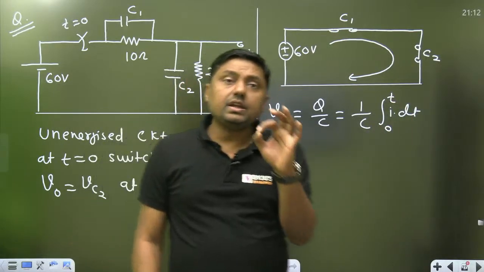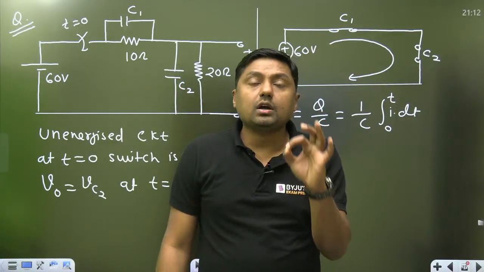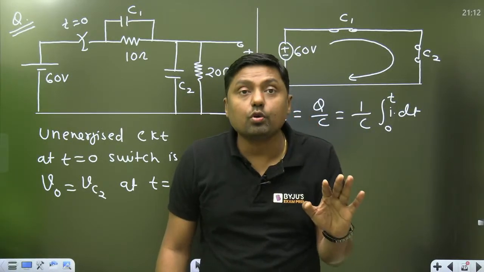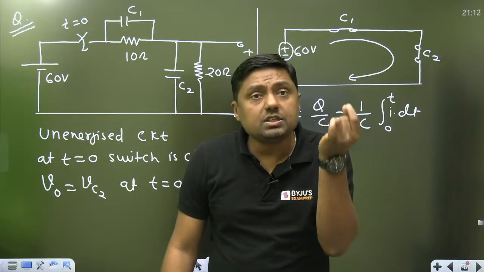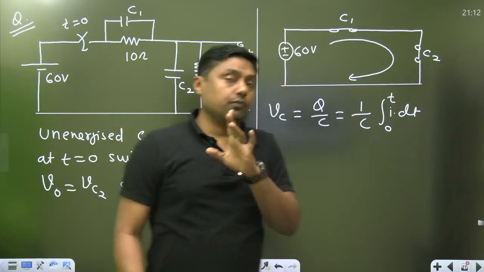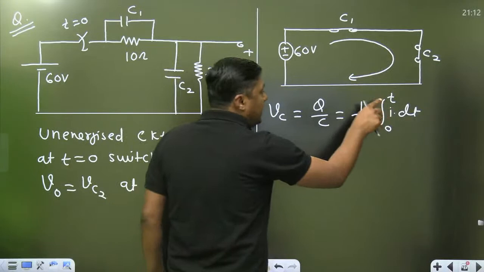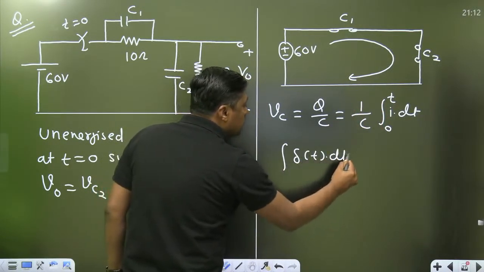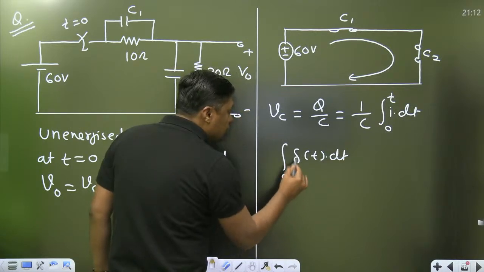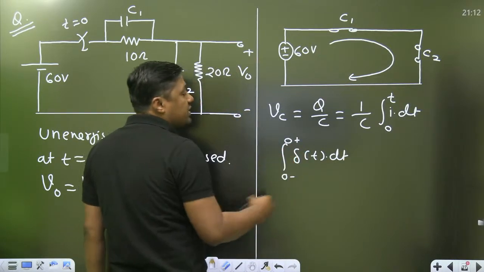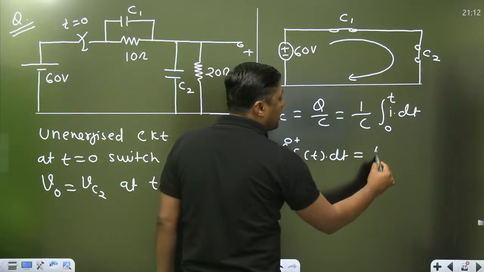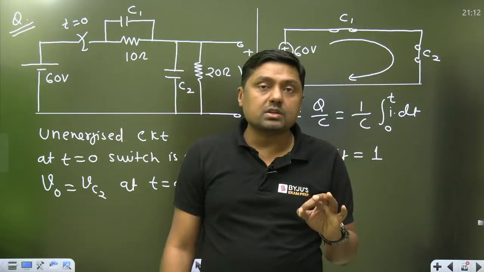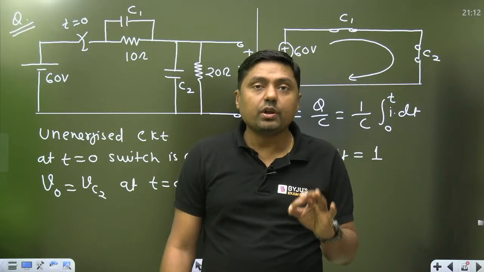If the current is finite, it will never allow sudden change of voltage. If the current is infinite or impulsive, what is the integration of the impulse function, from signals and systems? From 0 negative to 0 positive, the integration of the unit impulse function is 1.